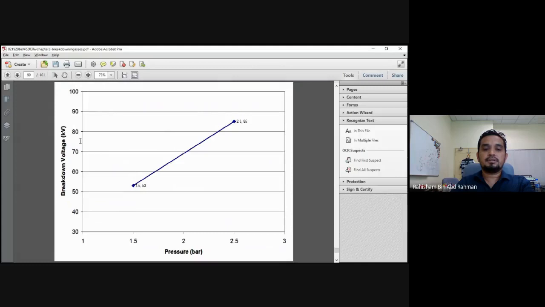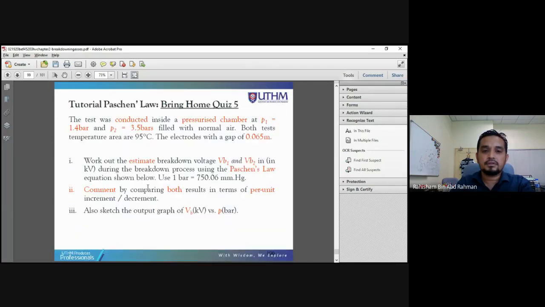This is the plot. Based on this one, we can suggest how the pressure and the gas influence the breakdown values.